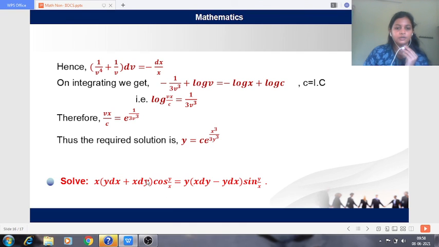So we can get dy/dx after collecting dx on one side and dy on the other side. After that we put y equals vx, and putting y equals vx we can solve this equation.